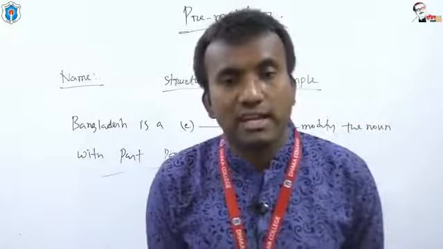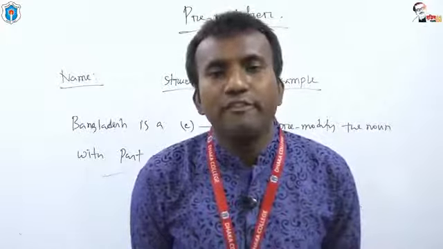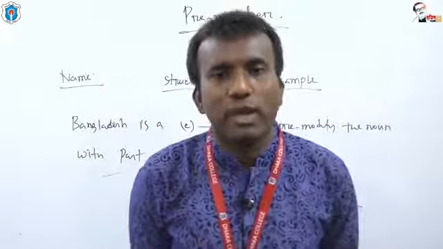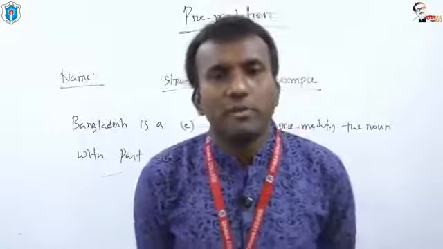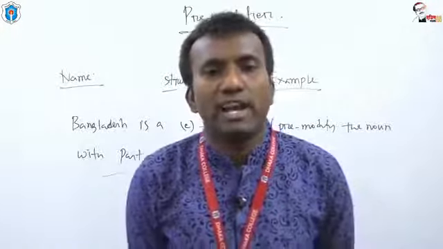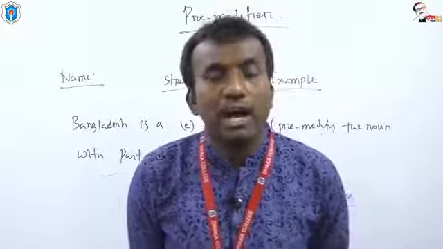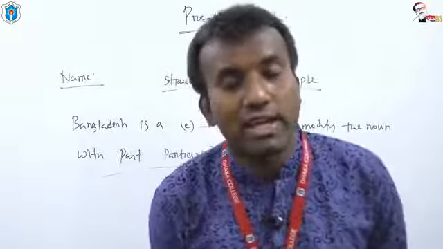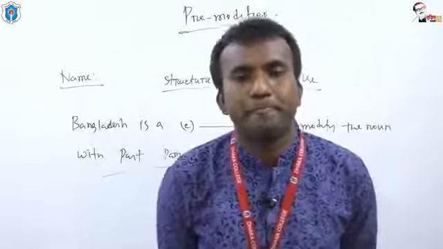Gerund works as a noun and the construction is verb plus ing. If we want to construct gerund, we have to put ing with the verb. For participle, participles work as adjective. The forms of verb which work as adjective are called participles. Participles are of three types. They are present participle, past participle and perfect participle.